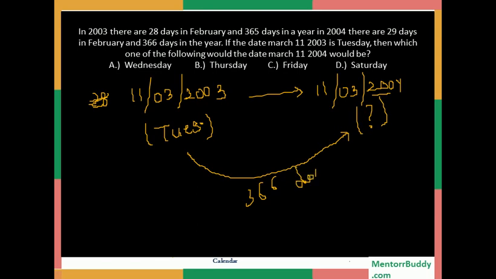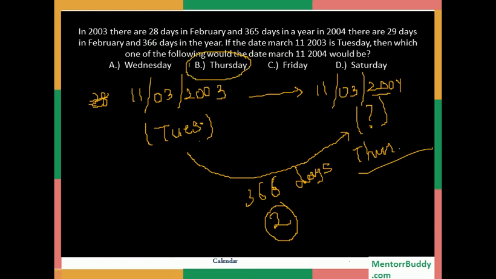The concept of leap year is working over here. So 366 days implies the calendar will be shifted 2 days ahead. So 2 days ahead, if it is Tuesday on this day, it will be Thursday on 11th of March 2004. So in this case the correct answer should be option B, that is Thursday.